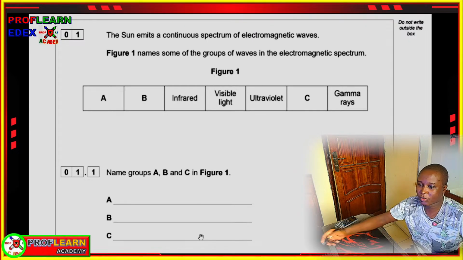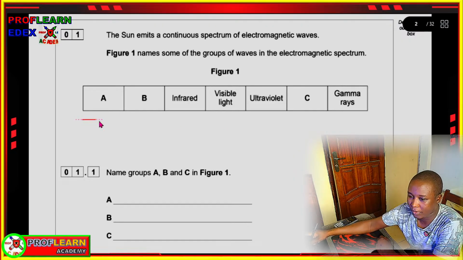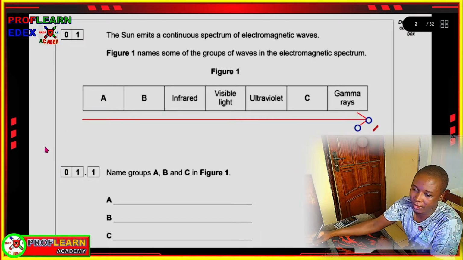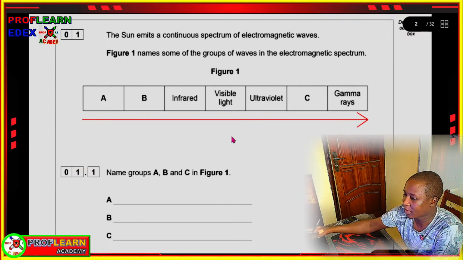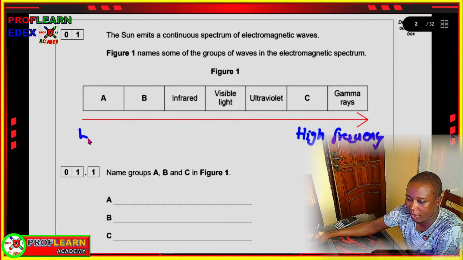So in this case, with this setup that we have here, as you move from the right to the left, you realize that the frequency is increasing. So this is high frequency waves on this side, and then here we have low frequency.